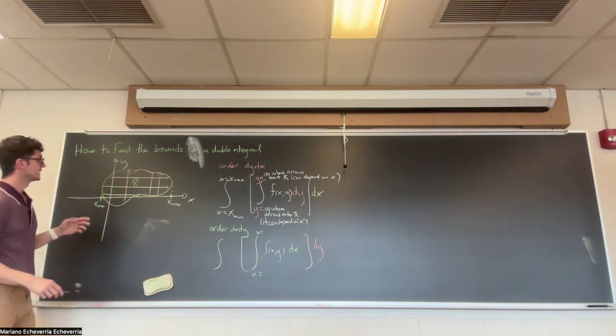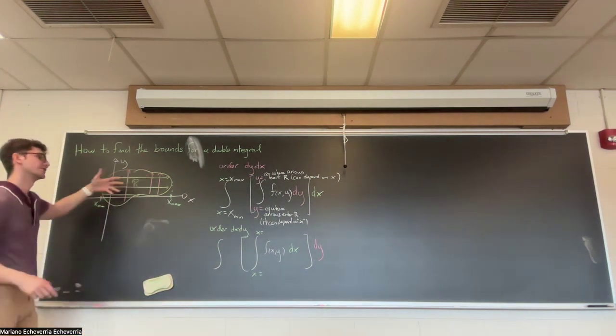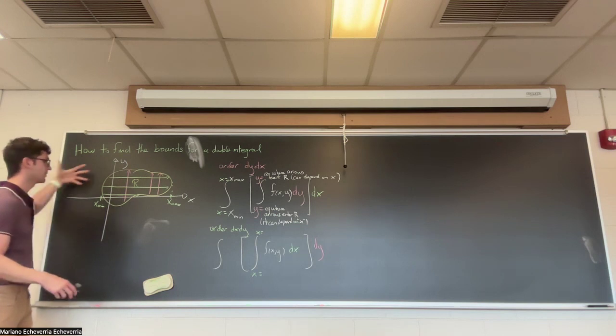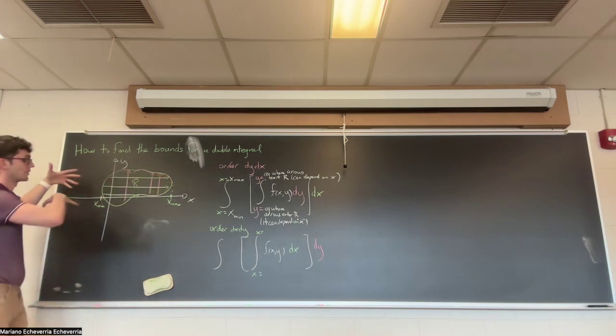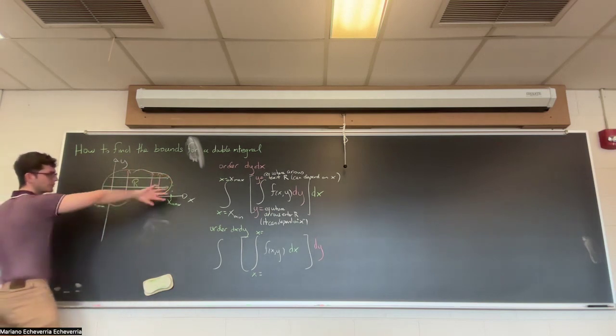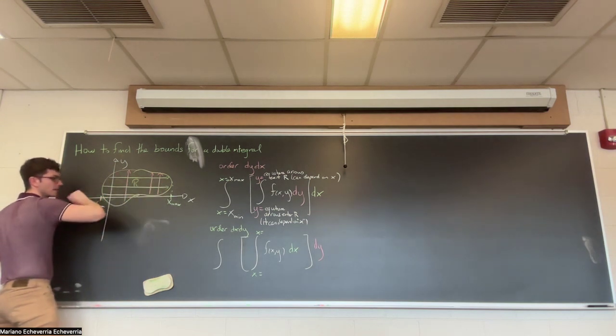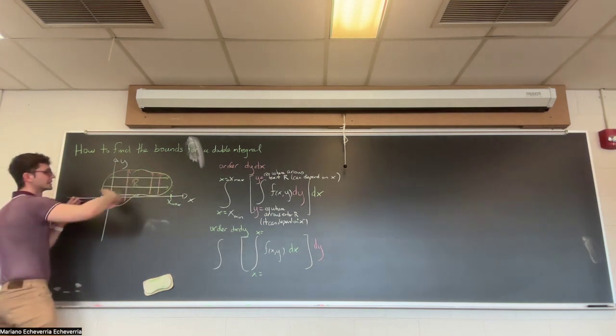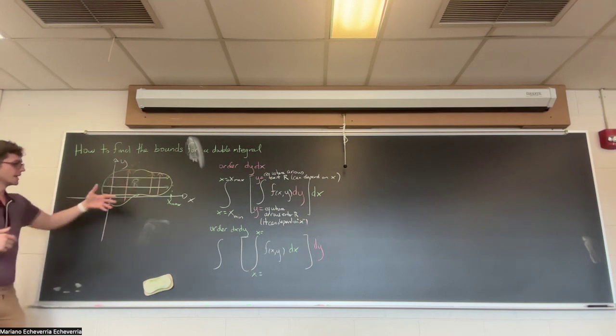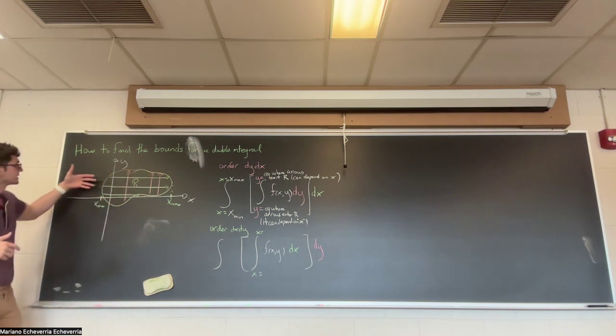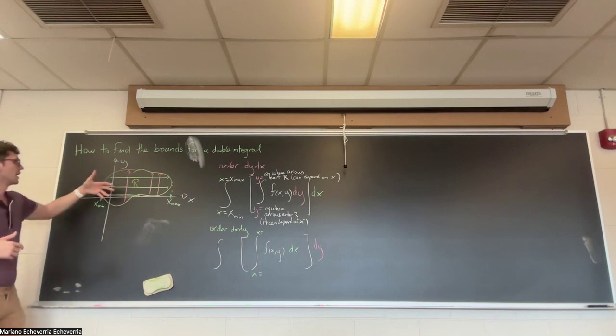Now the thing is that the arrows are moving horizontally. The arrows always move in the direction where the variable is increasing. The x variable increases from left to right, or west to east. So that's why I'm drawing the arrows this way. So the lower bound is the equation that the arrows hit first.